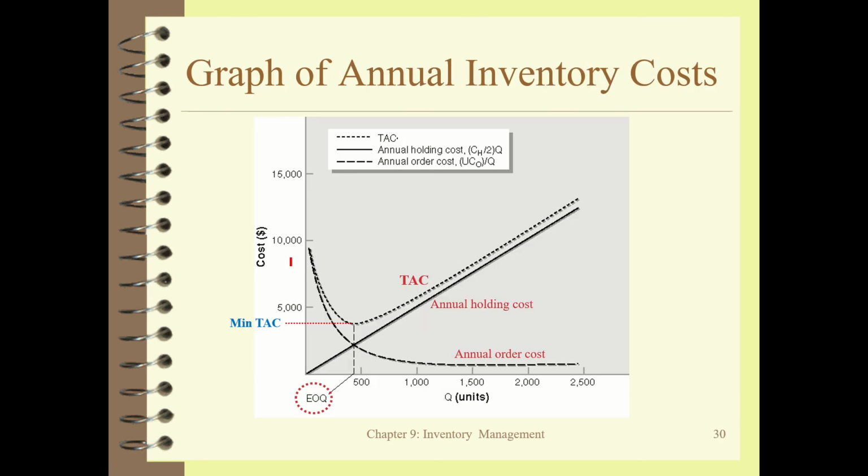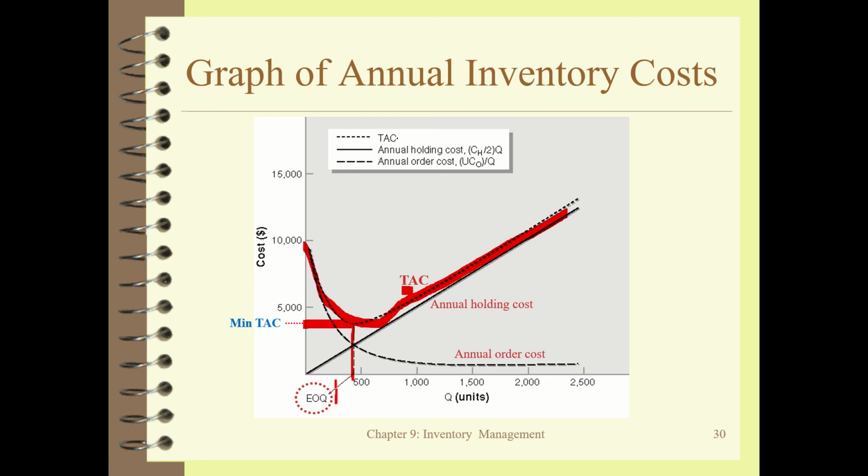So if we sum these two costs, this one will be the summation of the annual ordering cost and annual holding cost. We sum these two costs, we get the total annual cost. The graph for the total annual cost will be like this, and there will be 1 point that gives you the minimum total annual cost.